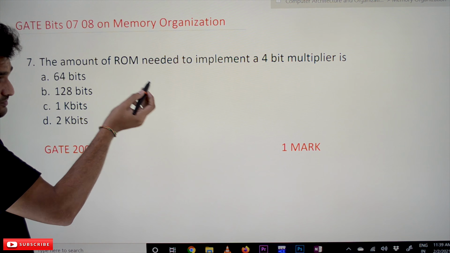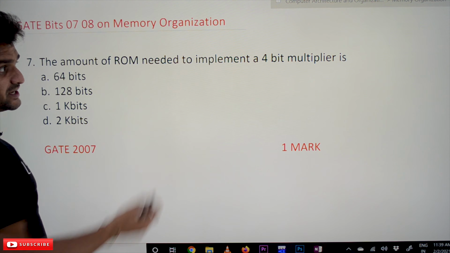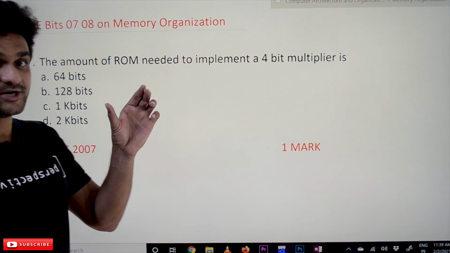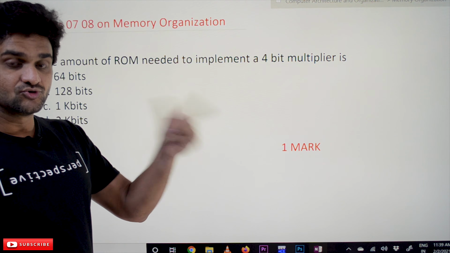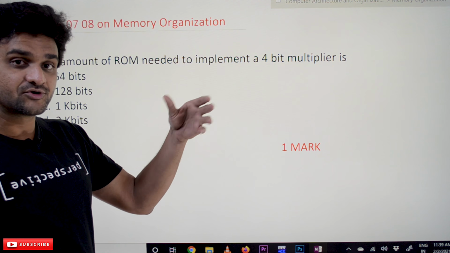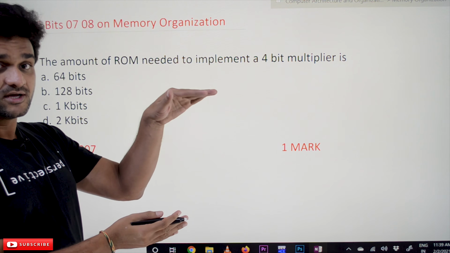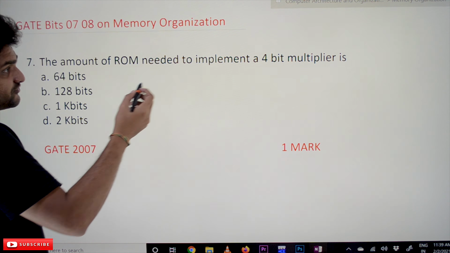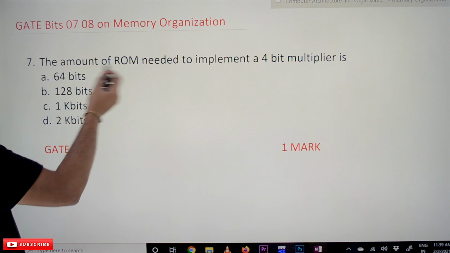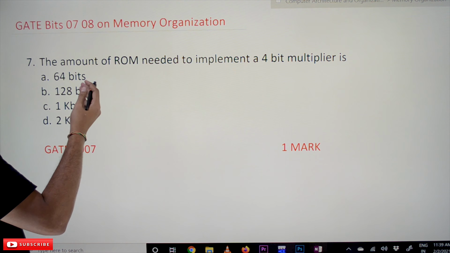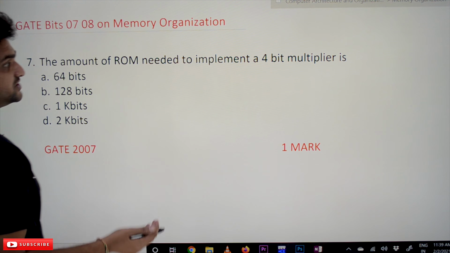In order to implement a 4-bit multiplier, which means if we multiply two 4-bit numbers, the outputs that we get will be permanently stored on the ROM. So what is the size of ROM that we need?